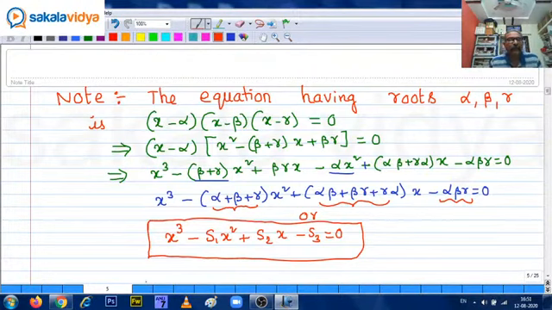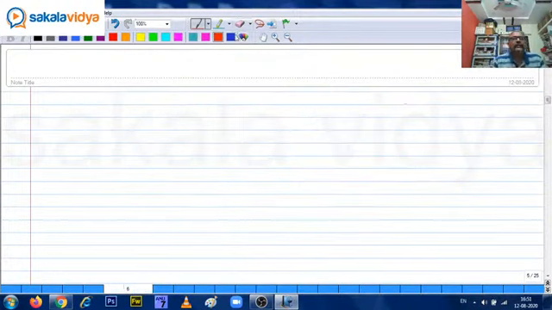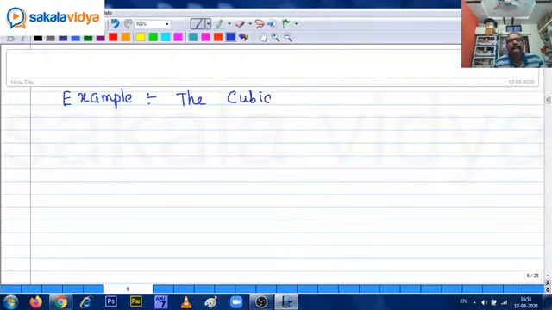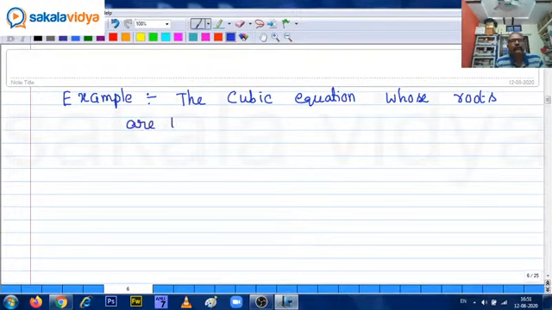So now one example let us discuss. Example: the cubic equation whose roots are 1, 2 and 3 is.